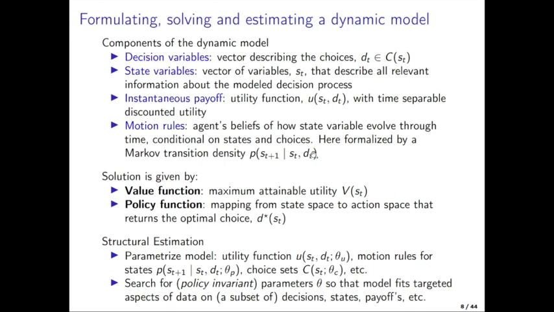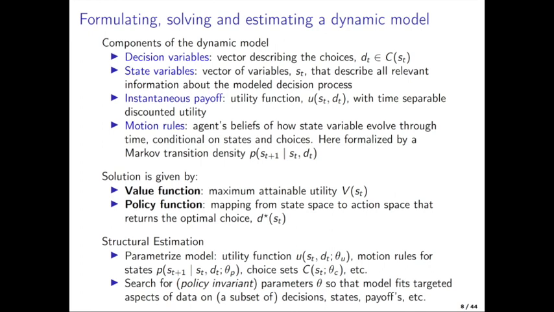So that's the components of the model largely, and of course you can put all sorts of bells and whistles on this model and have many state variables, many decision variables, and so on. The solutions to these models are given by the value functions, the maximal attainable discounted expected utility at each state, and the policy function that gives a mapping from the state space to the action space and returns the optimal choice.